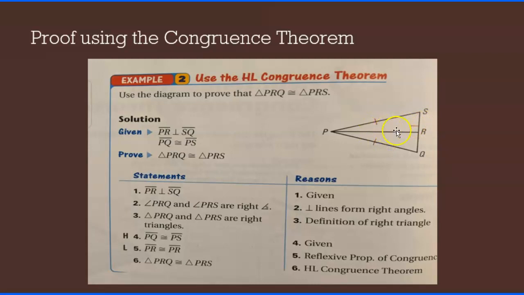Then one of the legs, we don't know about this one, but this leg is congruent. Therefore, we have the hypotenuse leg congruence theorem working to prove this proof. So I hope this helps you a little bit with the logic of working through the proofs. We're going to just keep practicing these all year.